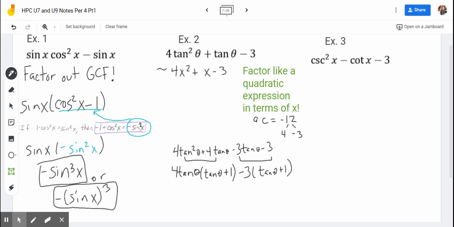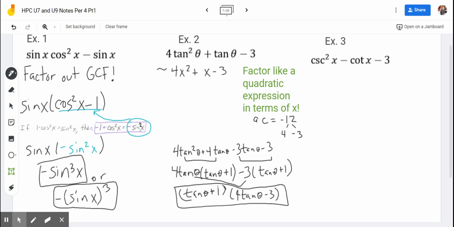Our two terms have a common factor we can pull out, tan theta plus 1, and then we group together the other two terms, 4 tan theta minus 3. That's our final answer: tan theta plus 1 times 4 tan theta minus 3.